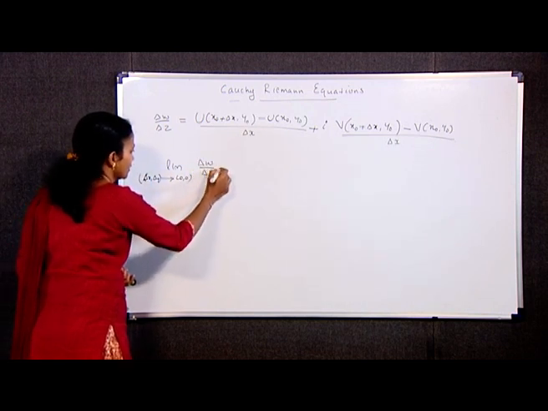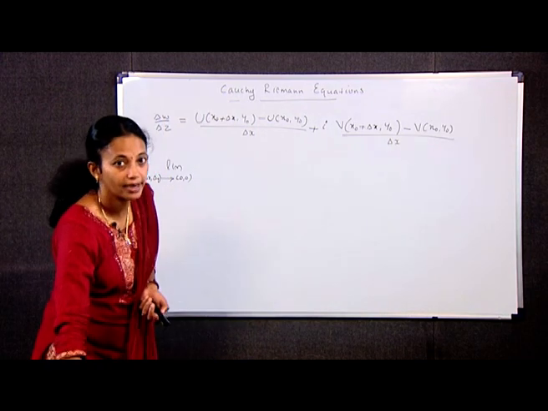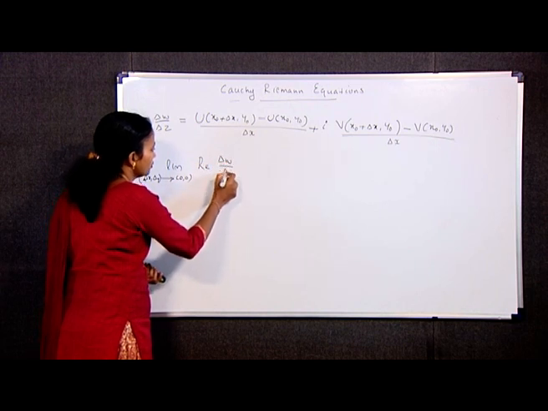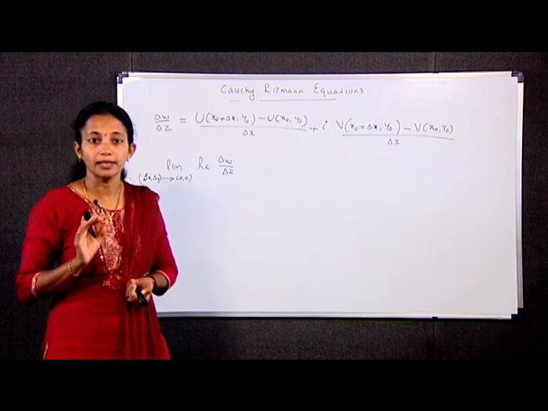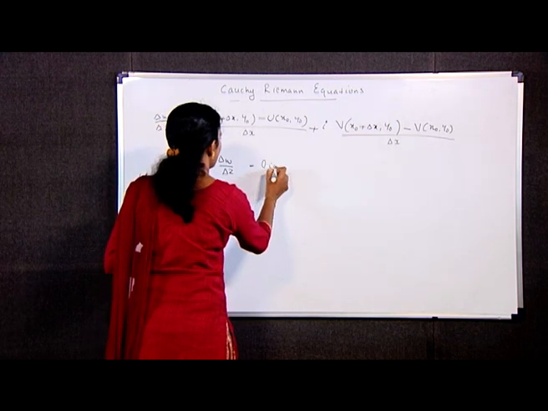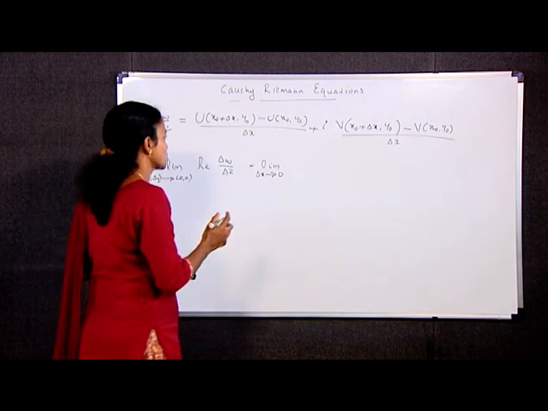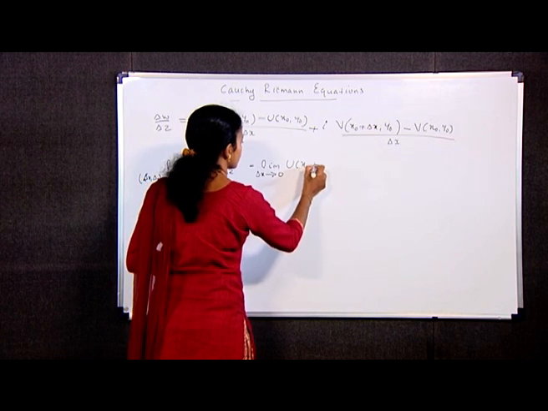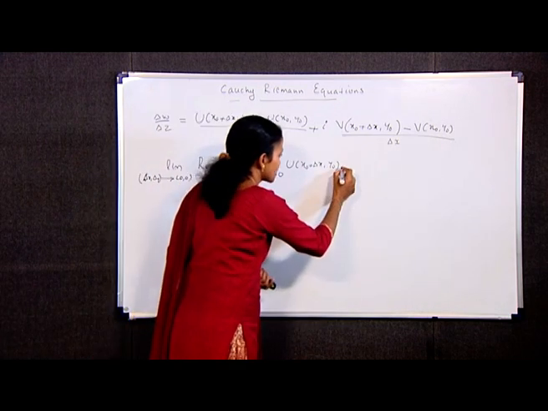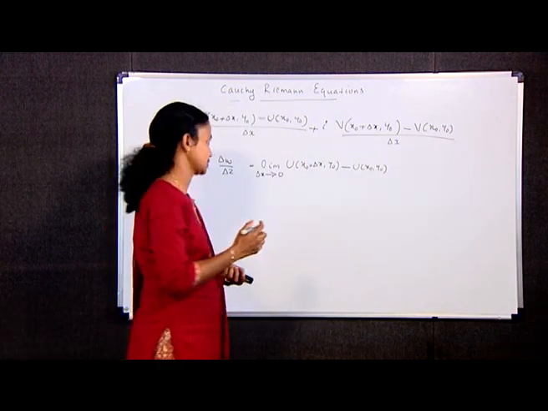Delta w by delta z becomes, sorry, the real part of it, that is, the limit as delta x, delta y tend to 0, 0 of the real part of delta w by delta z, which is equal to the limit as delta x tends to 0 of u(x naught plus delta x, y naught) minus u(x naught, y naught) by delta x.